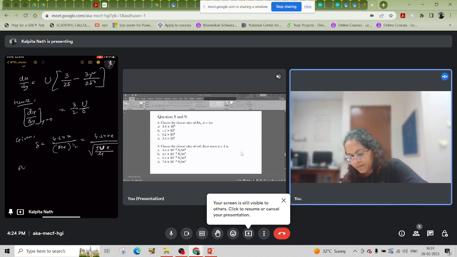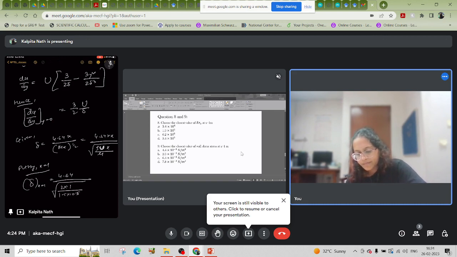So putting x is equal to 1, we get delta at x is equal to 1 is equal to 4.64 upon root over 2 into 1 by 1.5 into 10 to the power minus 5, equal to 0.0127 meter.